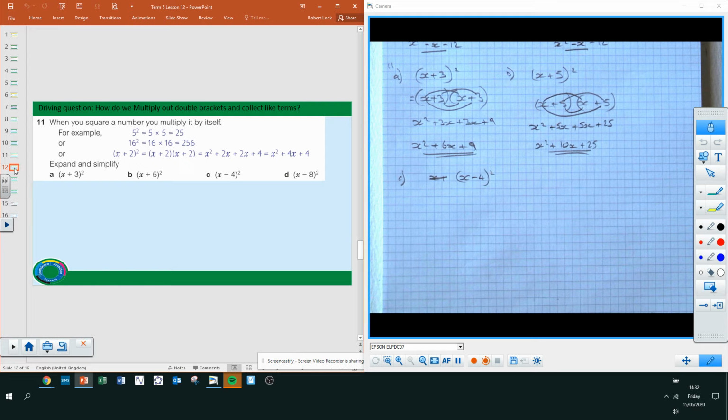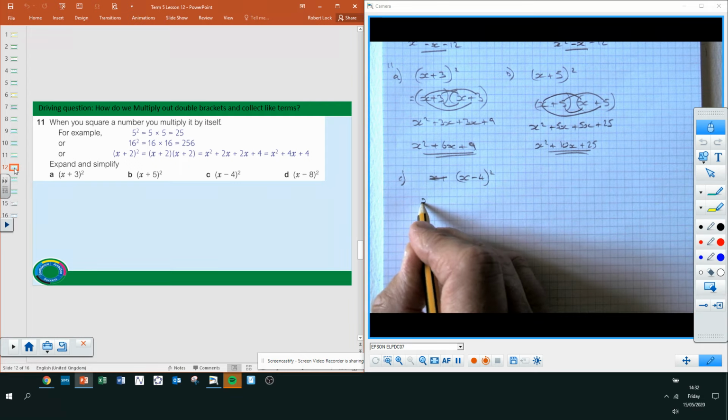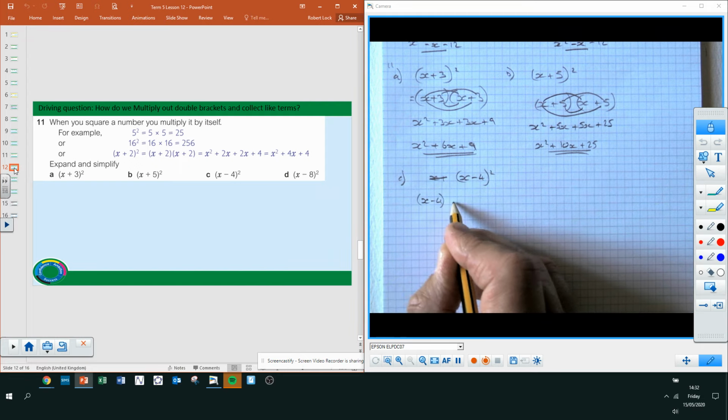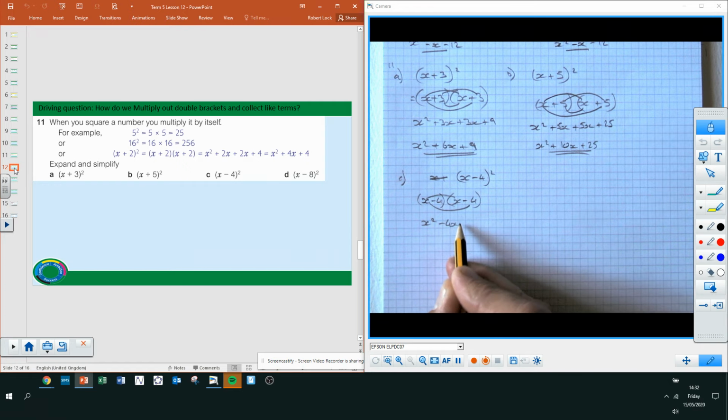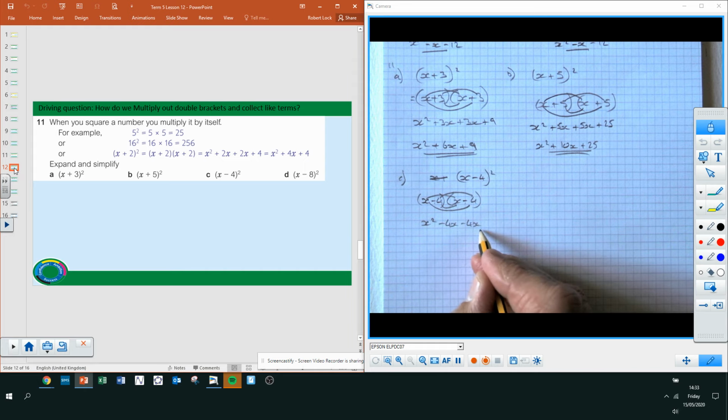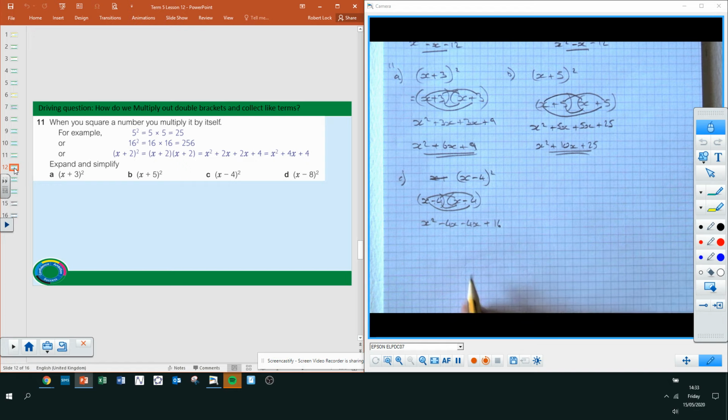Corrected myself. Minus times a minus makes a positive. Collecting like terms.